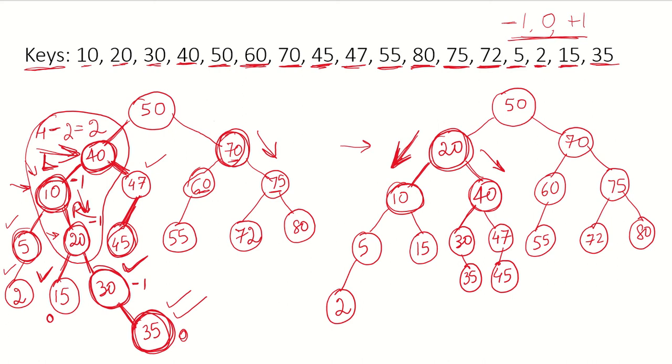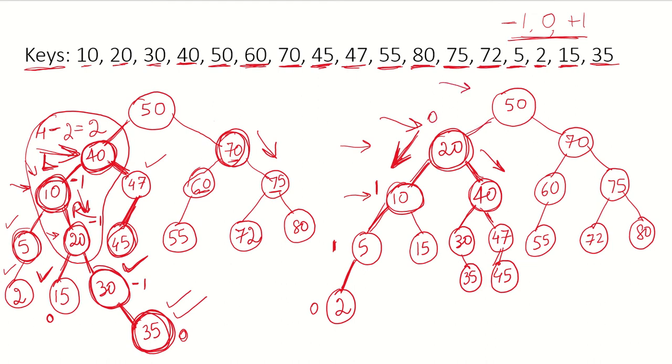And again, if you see the balance factor, for this node it is 0, for this node it is 1 minus 0, so 1. For this node over here it is 2 minus 1, so 1. For this node now it is 1, 2, 3 and 1, 2, 3, so it is 0.